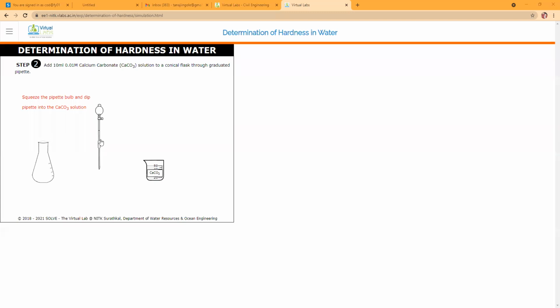This is the graduated pipette. Filling of calcium carbonate solution.